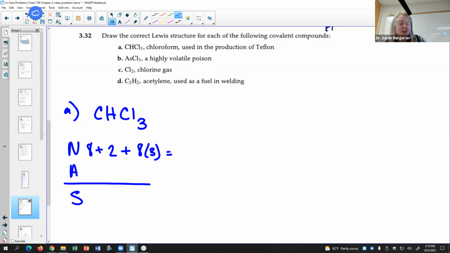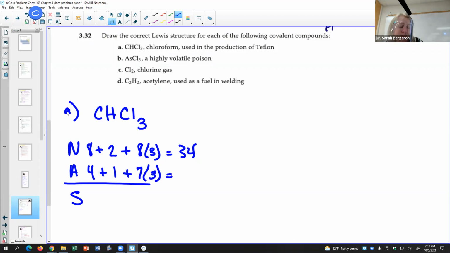So what do we got? Okay, and then available in carbon, 4, available in hydrogen, 1, available in chlorine, 7, and we have 3.